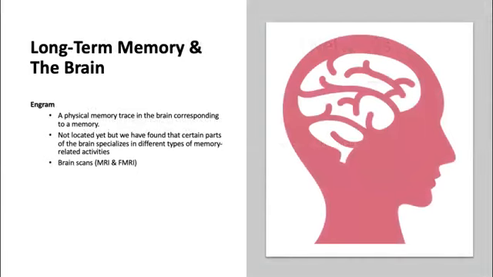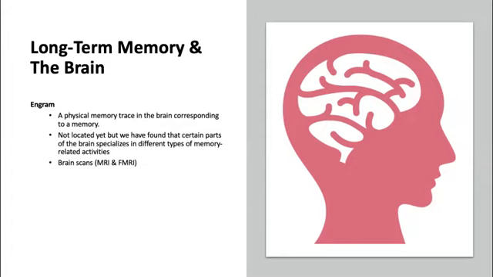Now, one of the major challenges for psychologists and neuroscientists who are interested in studying memory is trying to pinpoint a location in the brain, or at least a part of the brain, where long-term memories are held. So the question is, is there one specific area where memories are held, or are memories distributed across different areas of the brain?